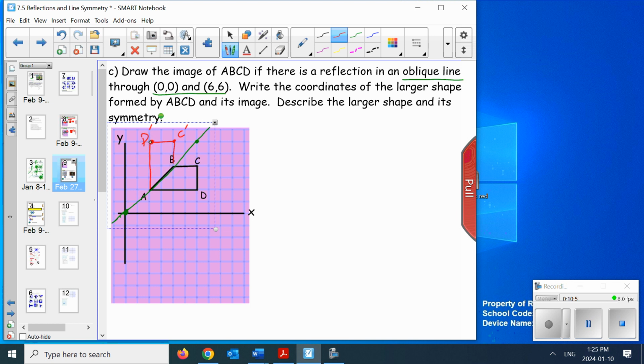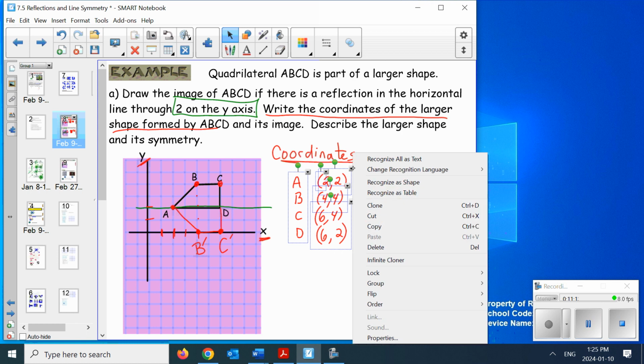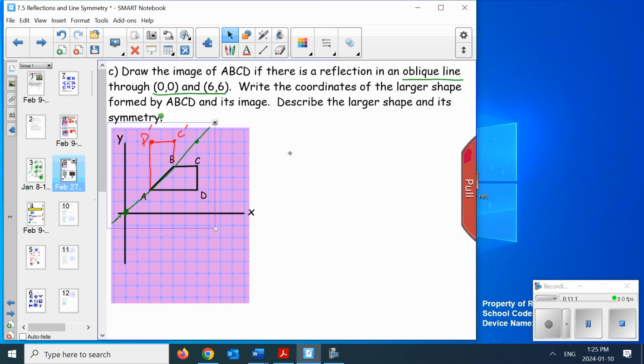We've got a reflected shape. Then the same coordinate thing. You know what I'm going to do because I can do this. I'm going to snap these coordinates from here. Copy. Paste them in there. Save myself some ink. Except that it actually didn't copy.